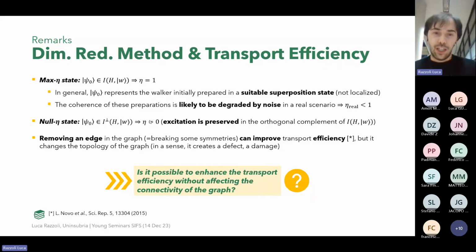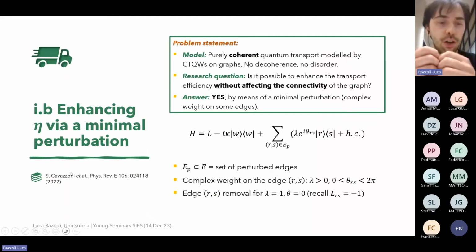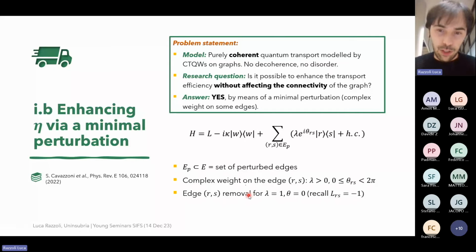So in another work, we have investigated the possibility of enhancing the transport efficiency, but without affecting the connectivity of the graph. And we can do this simply by adding some complex weight to a few edges. And I want to stress that this approach for a specific choice of the parameters generalizes the edge removal.